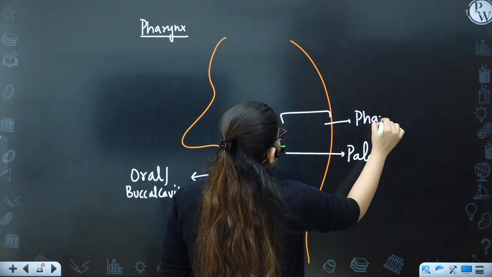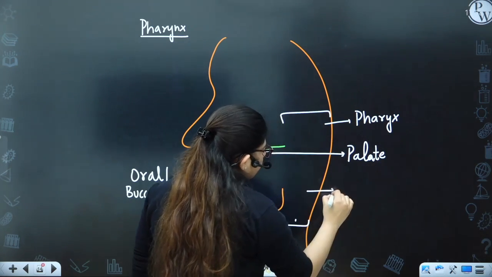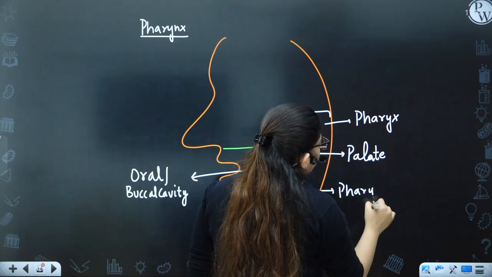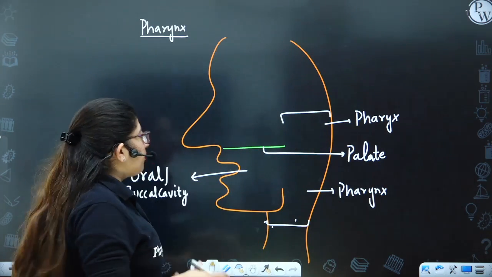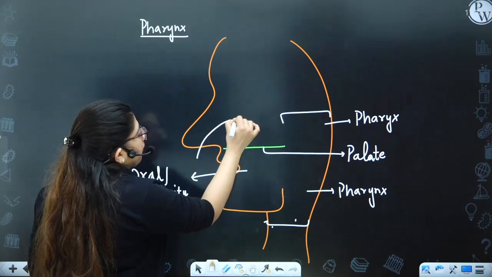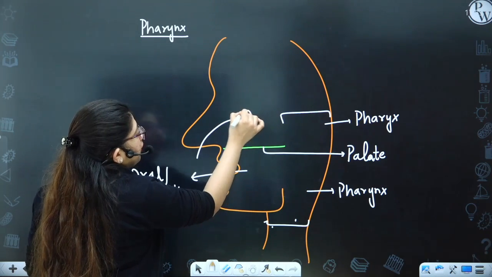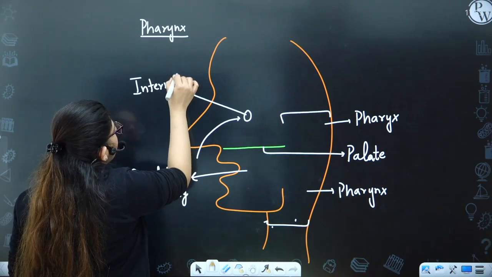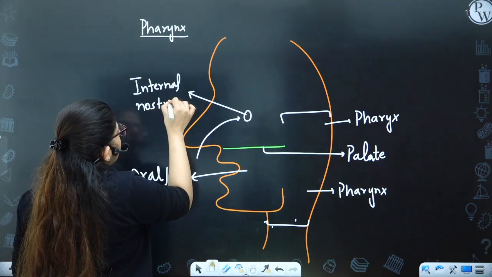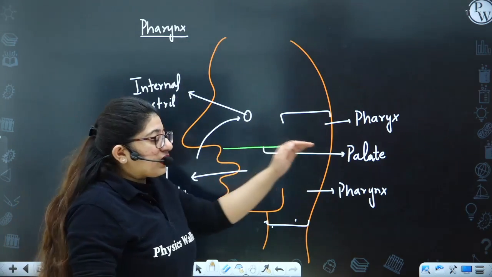This is also pharynx. If someone asks you what a pharynx is, it's a common chamber for food and air. Because through the nose, the air is moving here. Here is a small opening, the internal nostril, and from the internal nostril it is going into the pharynx.